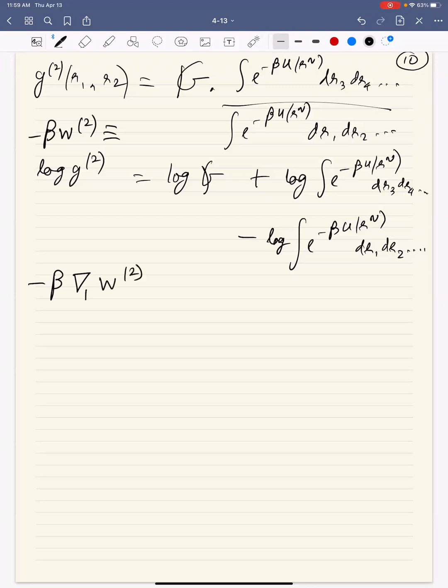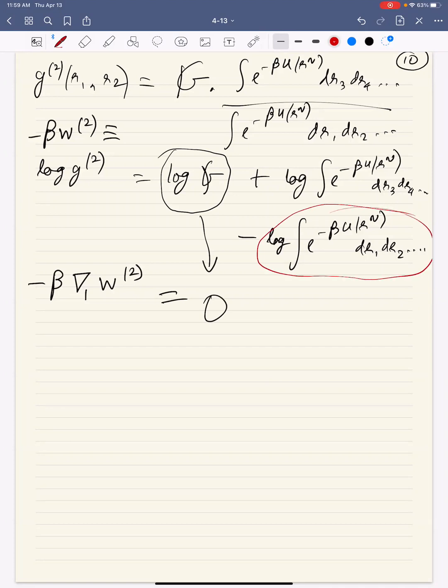Why did I put gradient? Because it's a vector, right? We are trying to look at a vector, so I'm taking a gradient. If I do that, what is the gradient of log of fancy garbage with respect to R1? Does fancy garbage depend on R1? So this gives us 0. How about the third term?